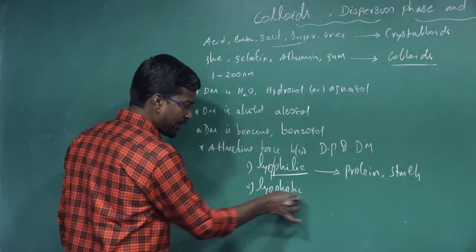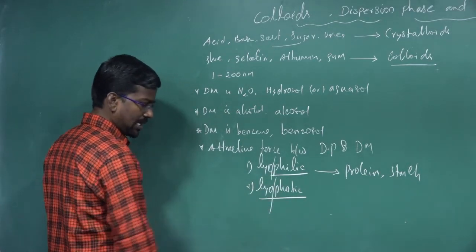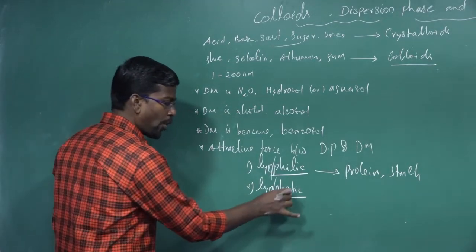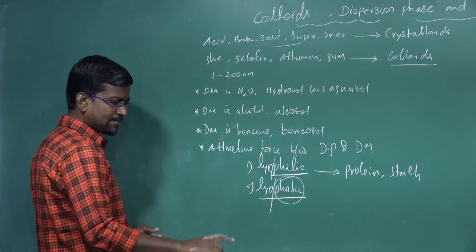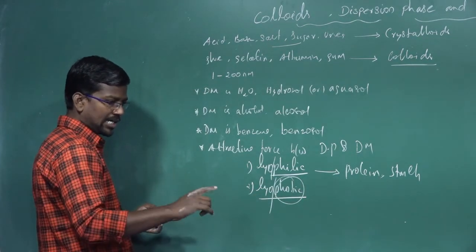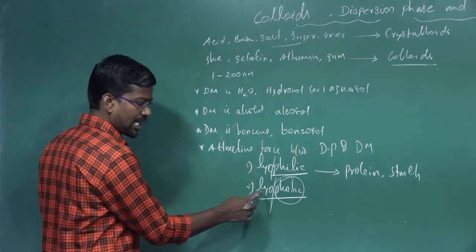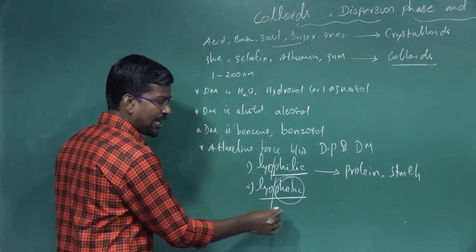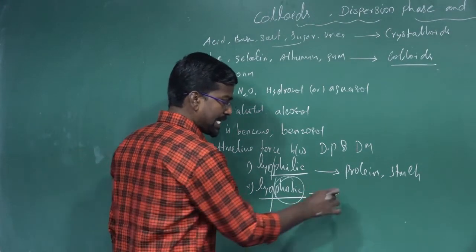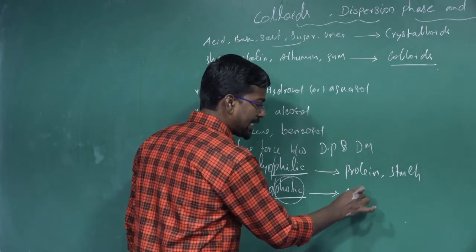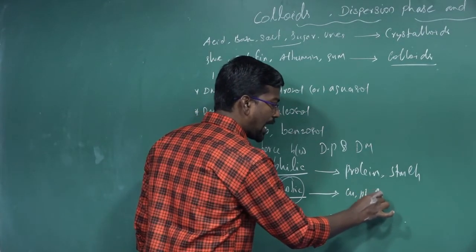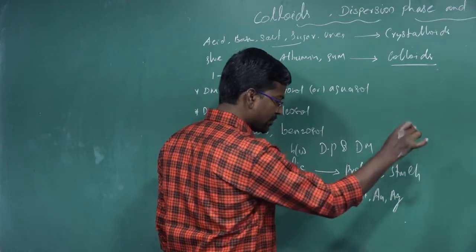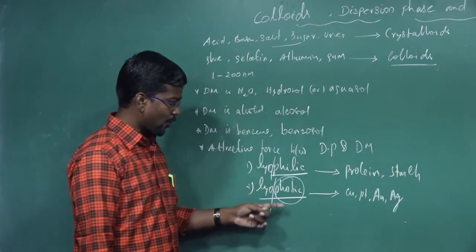Another type, lyophobic. Lyo means solvent or dispersion medium, phobic means hating. So a dispersion medium hating substance, or attractive force hating substance, is called a lyophobic substance. Examples of lyophobic substances are colloidal solutions of copper, platinum, rhodium, and silver.